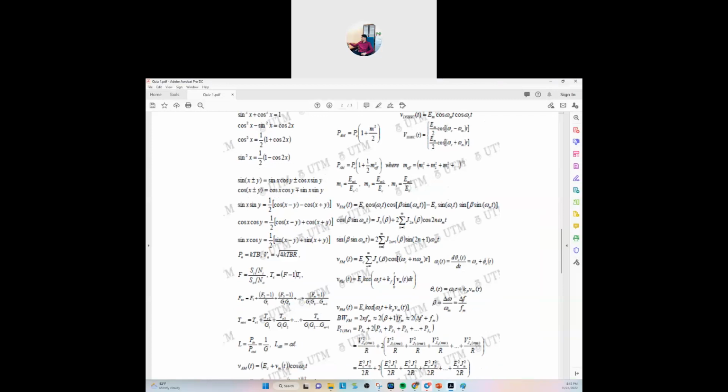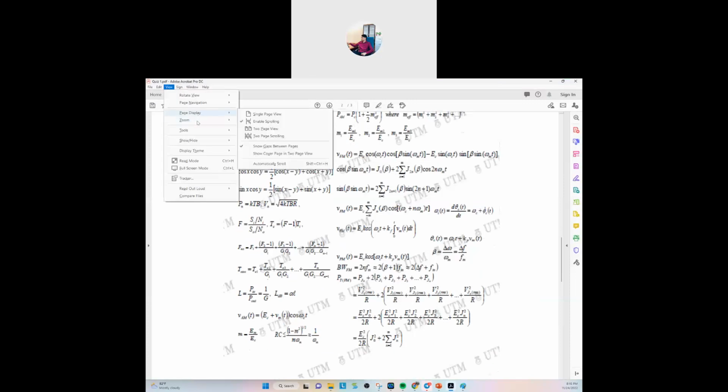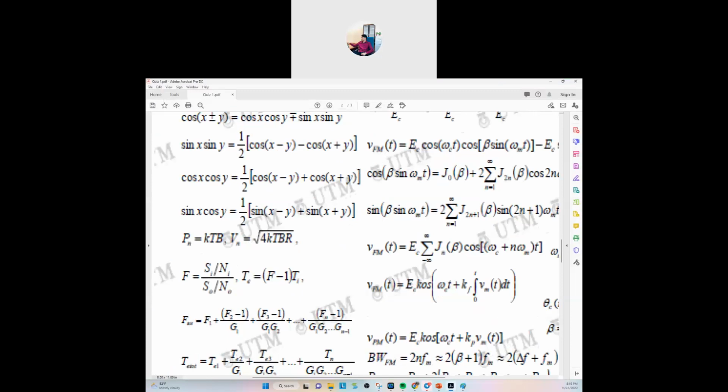For the first question, what is the one that actually contributes to the highest noise factor, meaning the most terrible one? If you see this equation, F1, (F2 minus 1) over G1, (F3 minus 1) over G1 G2.